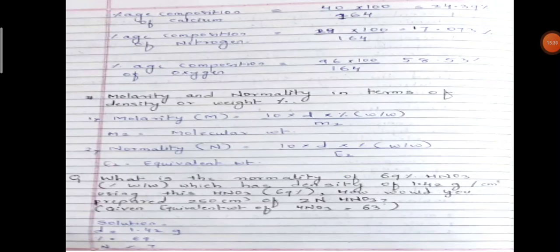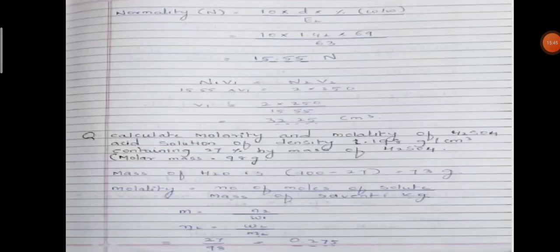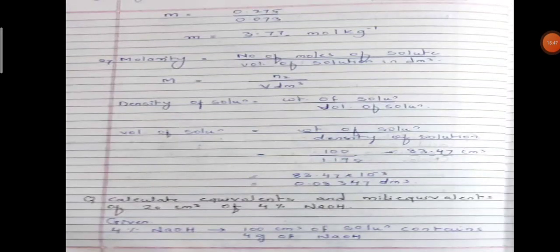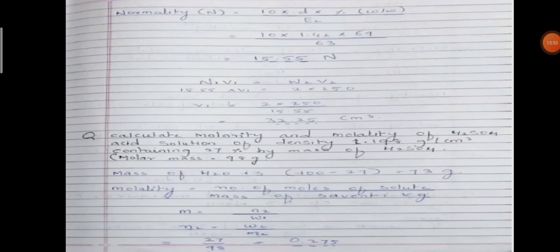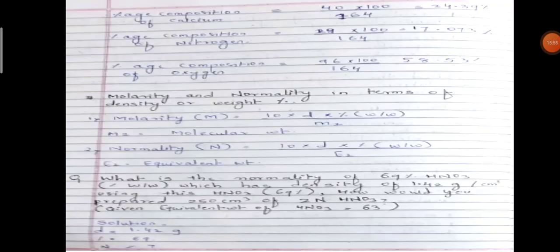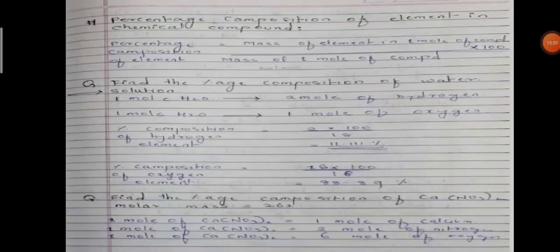E2 is the equivalent weight. M2 is the molecular weight. This formula you have to remember, and then we can easily calculate these things. Please remember this formula well.